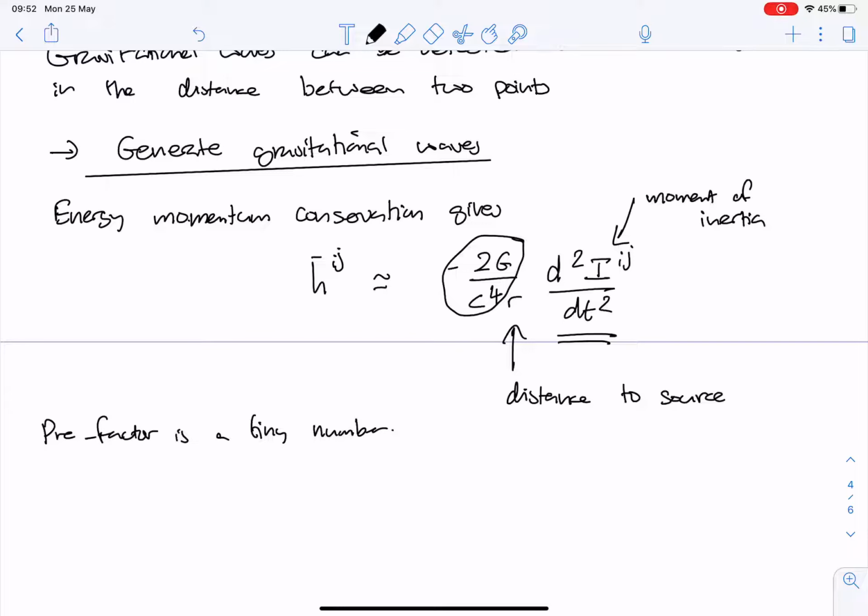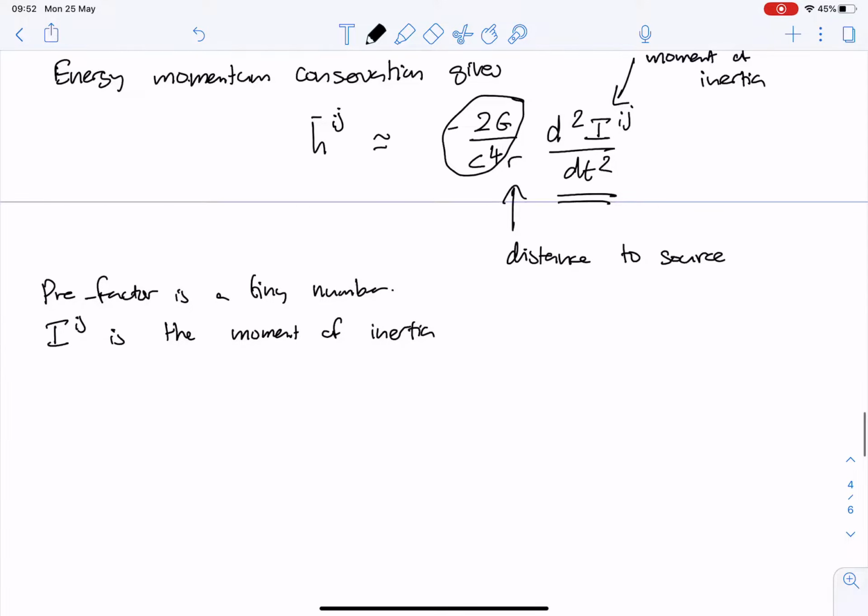So you can only do so much to change your moment of inertia. And so things with small changes in the moment of inertia will do rather little. That's just the integral of the density times x_i x_j dV.